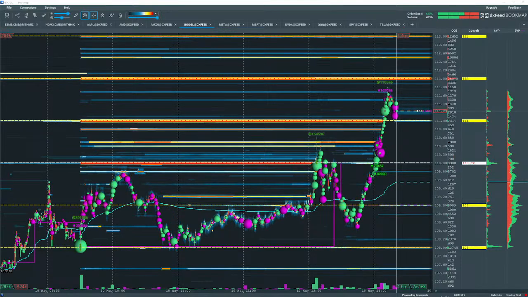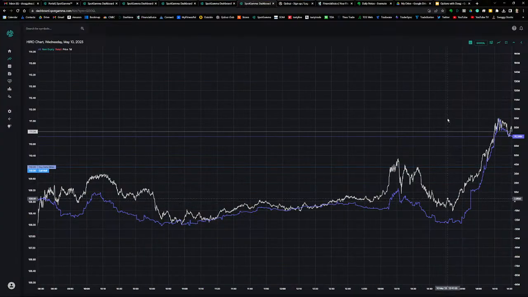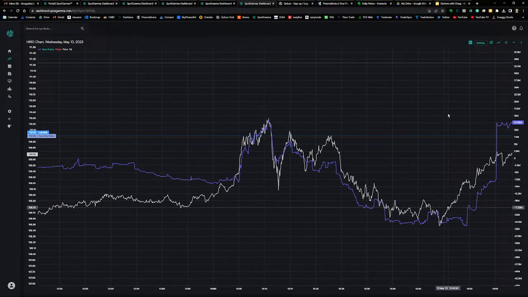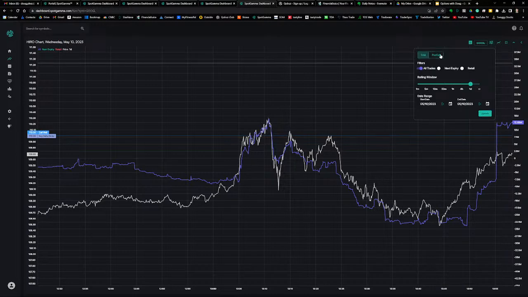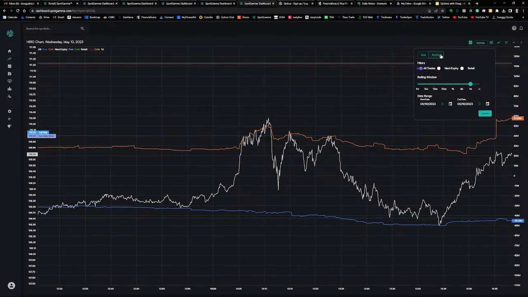Let's go back and see what options traders are doing right now. And they're a little bit late, but they are joining the party. Let's just take a look at puts and calls. So traders are buying calls.